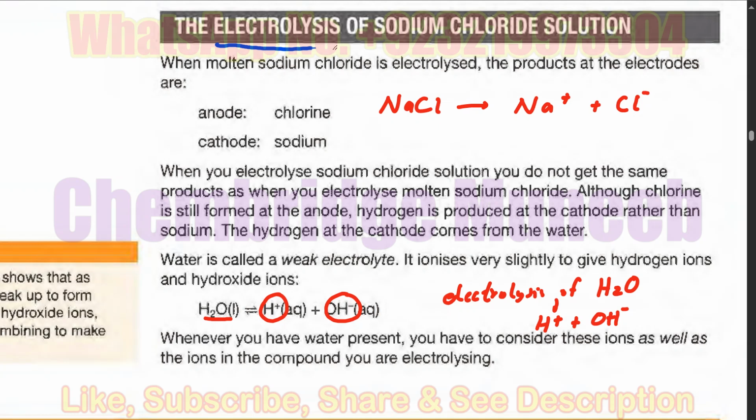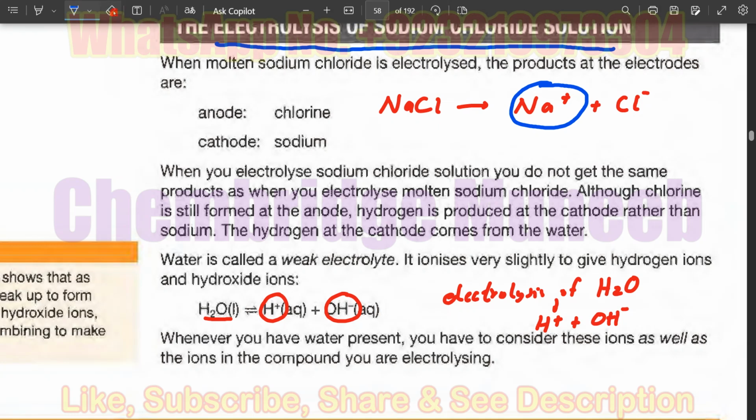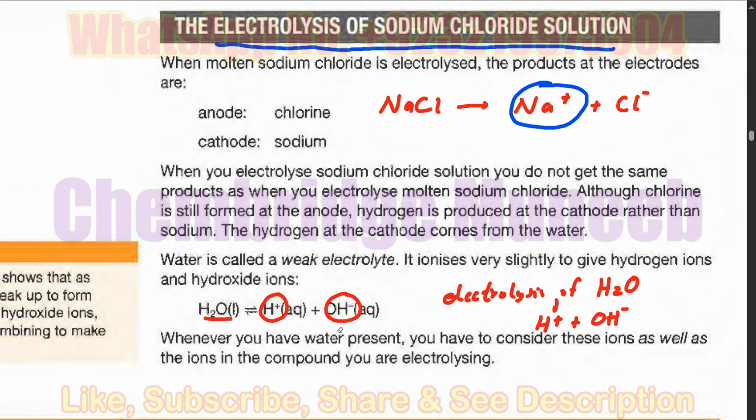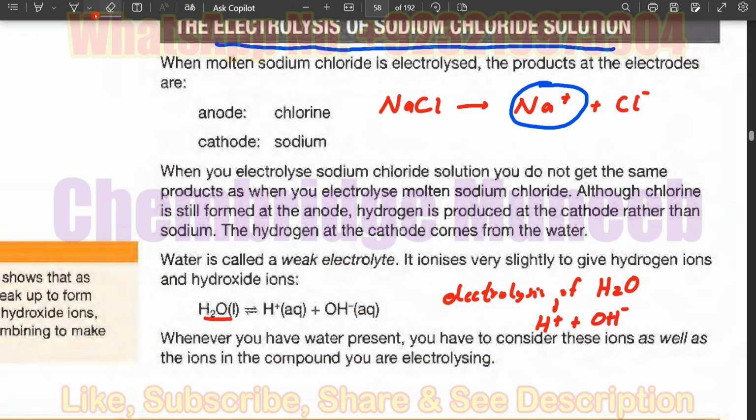In the case of the electrolysis of sodium chloride solution, there are two positive ions. Can you tell me what those two positive ions are here? One is the sodium ion and the other one is the hydrogen ion.